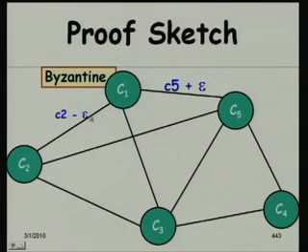See here, C1 is the Byzantine clock. I should have used a different color here, that would have been easier. Anyway, this transmits C2 minus epsilon to C2 and C5 plus epsilon to C5.